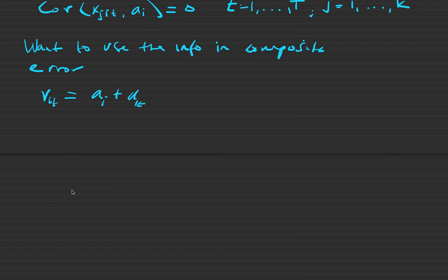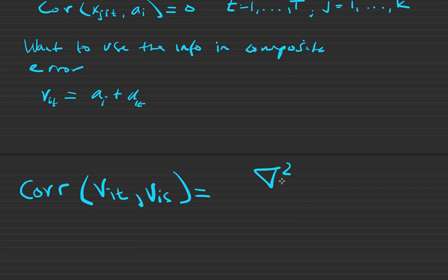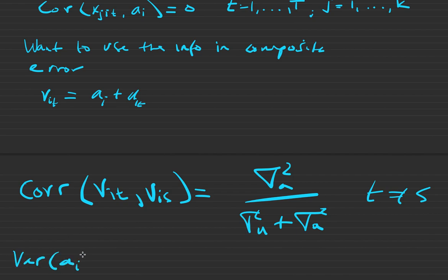The correlation between v_it and v_is is equal to sigma squared a over sigma squared u plus sigma squared a for t not equal to s, where the variance of a_i is equal to sigma squared a and the variance of u_it is equal to sigma squared u.